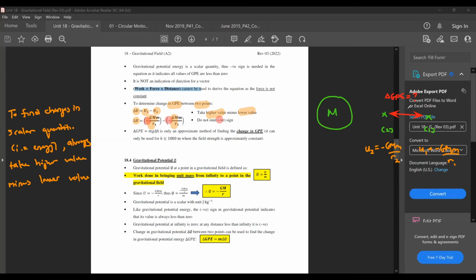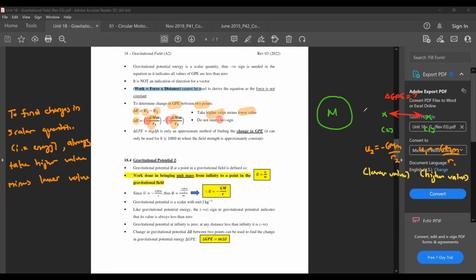So in my case, I'm taking the change in GPE between two points. I would tend to take the higher value minus the lower value. U1 is actually the higher value. Okay, wait, let me just write. This one, U1 will be the higher value, and U2 will be the lower value.